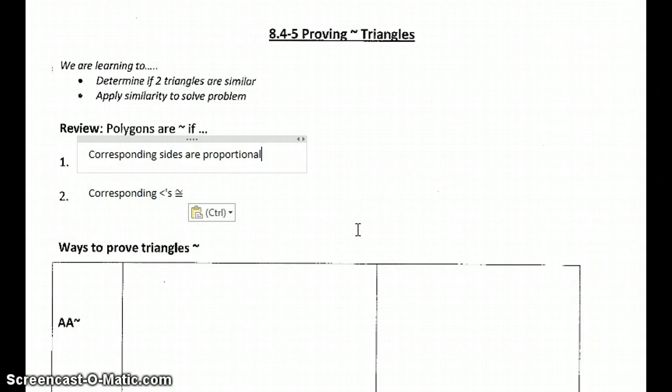So in a triangle, the three sides that you would have to check are proportional, and just like proving triangles congruent, we have some shortcuts. The first shortcut to prove similarity is AA similarity.